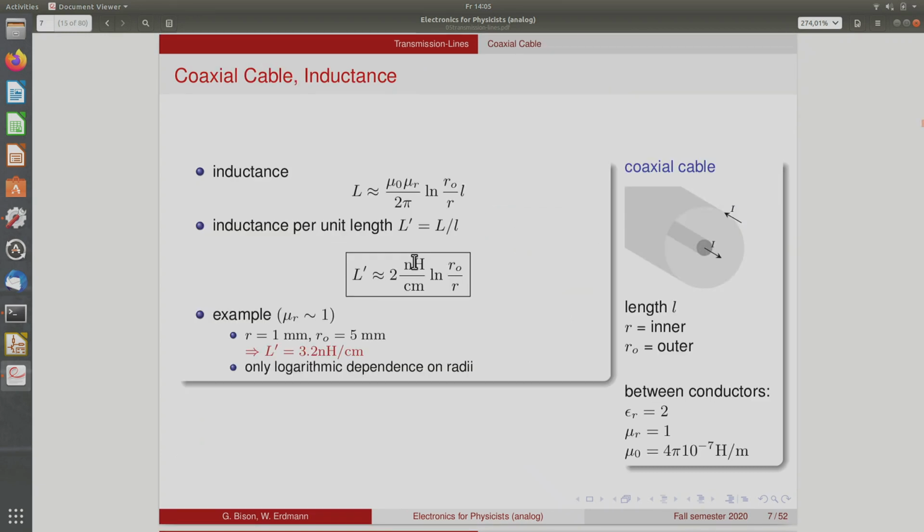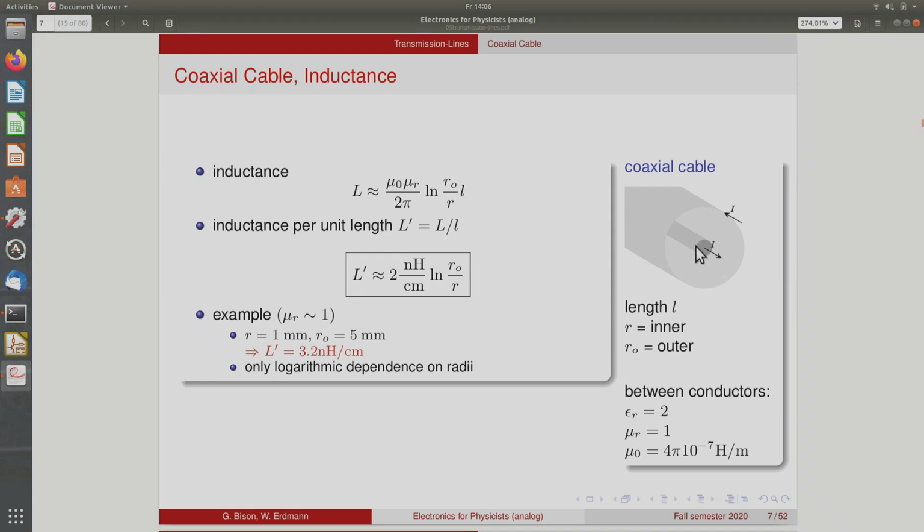So let's look at this, for example, for a coaxial cable. The inductance of such a cable can be calculated with this formula. It's proportional to the length. You have the logarithm of the radii of the inner and the outer conductor. So R is the radius of the inner conductor, and R0 is the radius of the outer conductor.